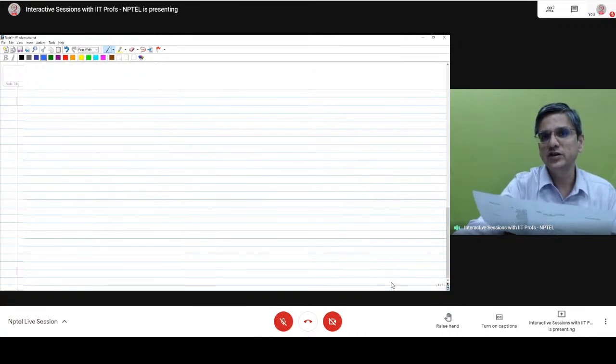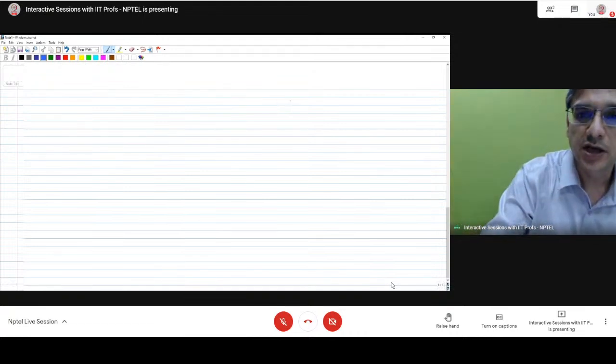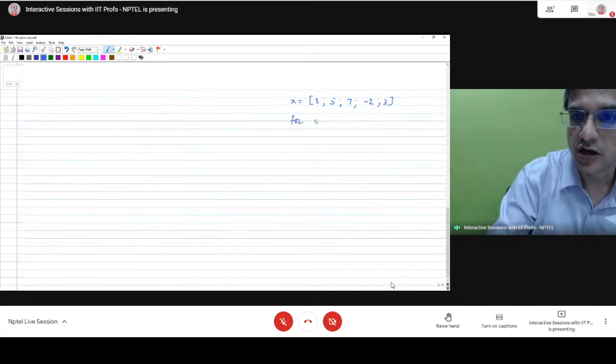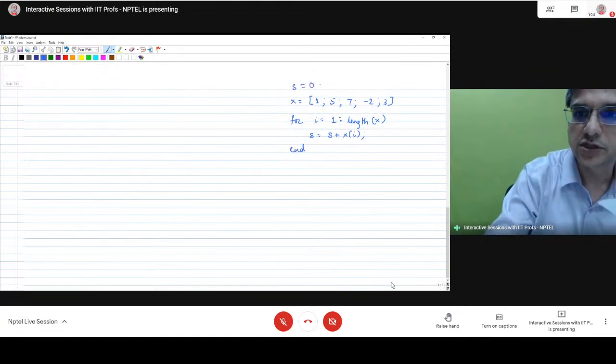So I would have given a code and I would ask you to replace it with a single line of code. So for example, I would have given, let's say, x equal to 1, 5, 7, minus 2, 3. Okay, for i equal to 1 to length x, s equal to s plus x i, and s equal to 0.